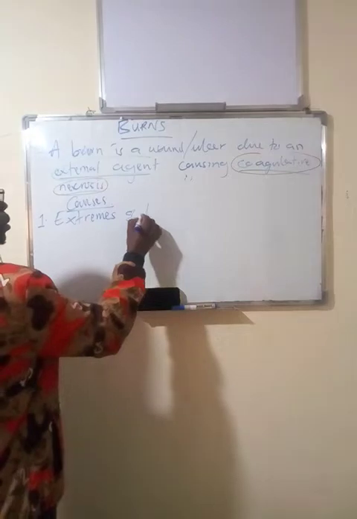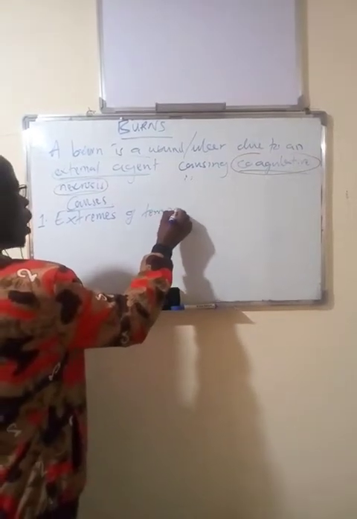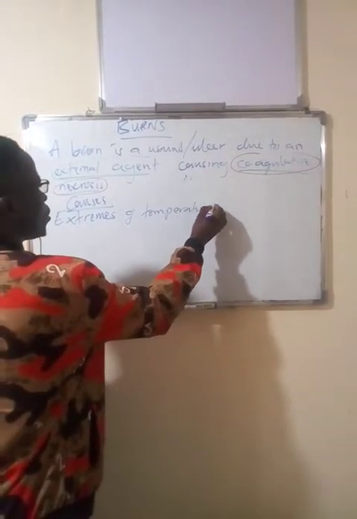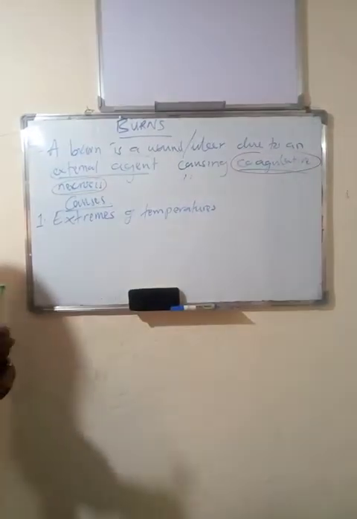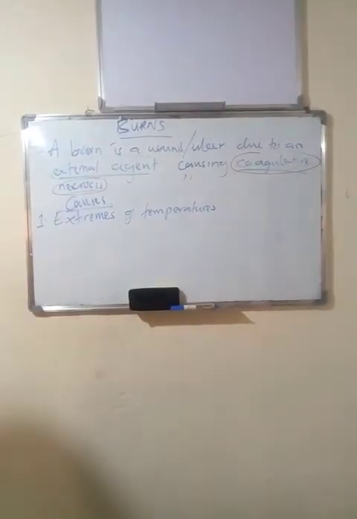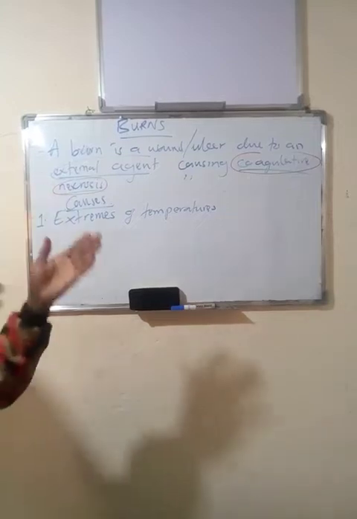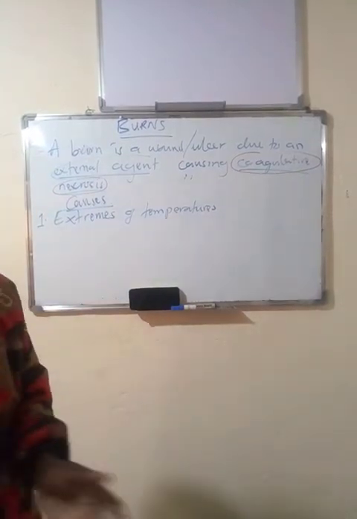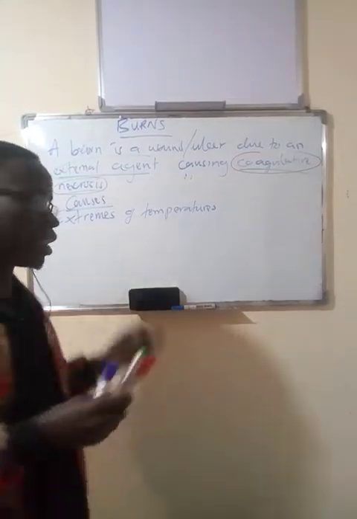Extremes of what? Temperature. Now, in other words, when we say the word extreme, it simply means either way too high or way too lower than normal, isn't it? That's what it means when we say extreme.